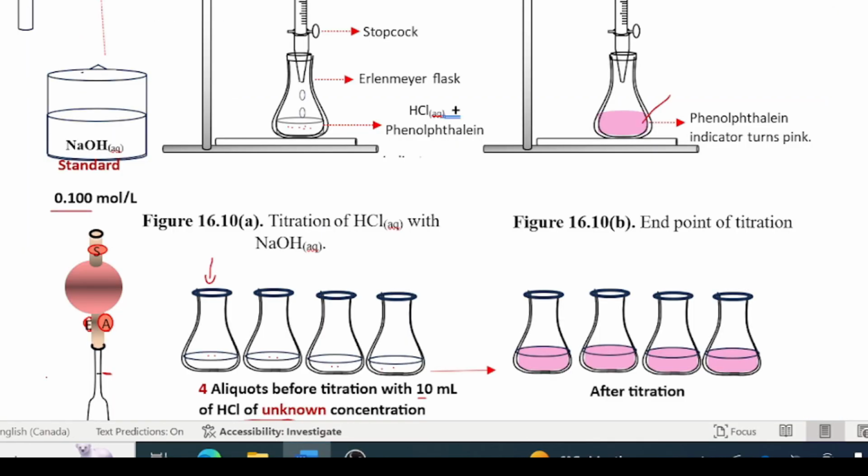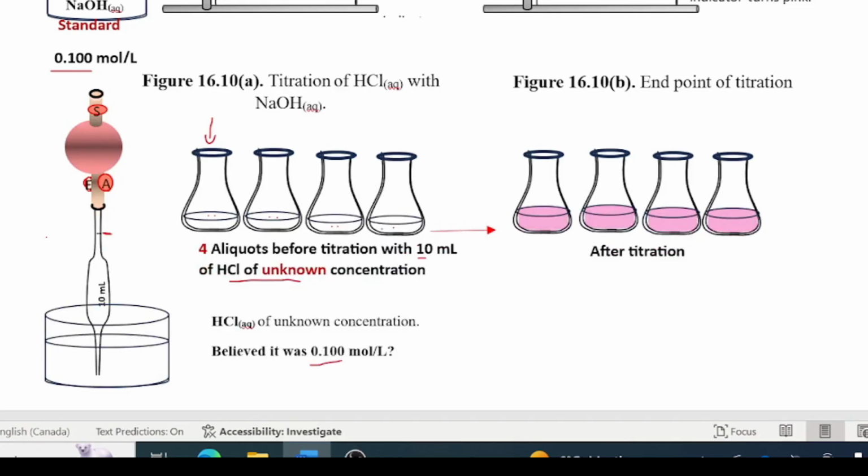So you have a bottle that has lost its label of HCl, and you suspected that it was 0.100 mole per liter. And you wanted to verify this. Take a 10 milliliter pipette and get 4 aliquots of that inside 4 Erlenmeyer flasks.